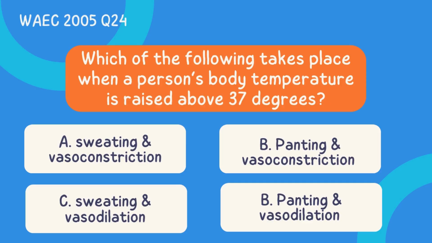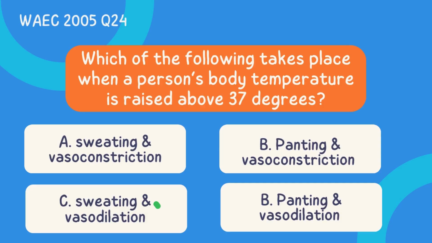The next question is question 24 from 2005, and it says, which of the following takes place when a person's body temperature is raised above 37 degrees? A, sweating and vasoconstriction.